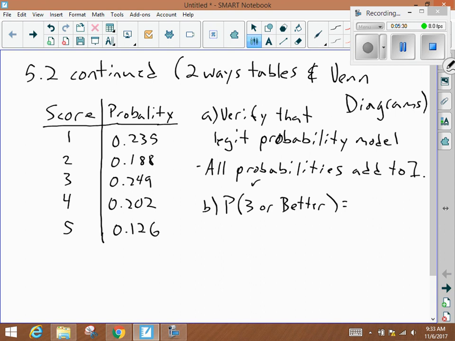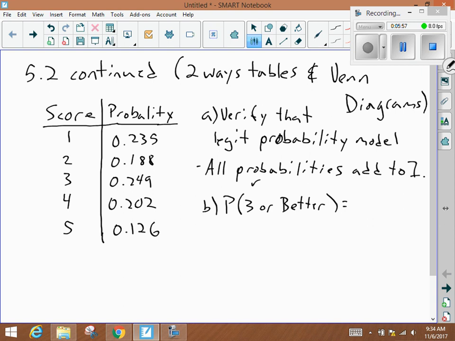So we have to decide: are each of these events mutually exclusive? I mean, the way that I can answer that, I could ask myself, is it possible for 2 of these things to happen at the same time? No way. A student can't get both a 4 and a 5, or a 1 and a 5. It's either one or the other.